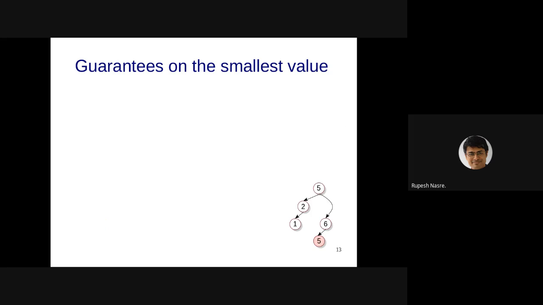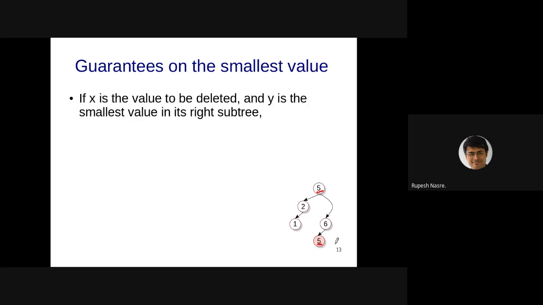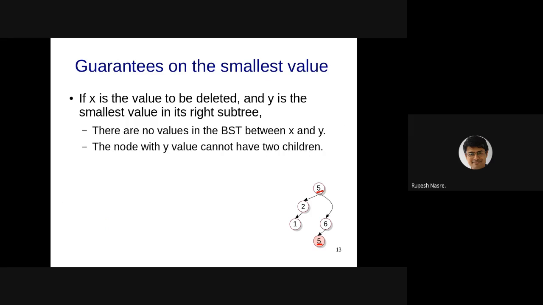So what we have done is we have replaced that 4 with 5, and now we are going to remove this 5, and that seems to be doable. If x is the value to be deleted and y is the smallest value in the right subtree, x is 4 and y is 5, there are no values in the BST between x and y. That is the guarantee, right? Because that's what we have said in the sorted order, right? So the node with y, that is 5, cannot have 2 children.